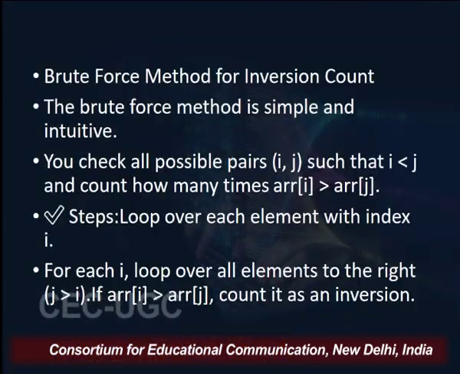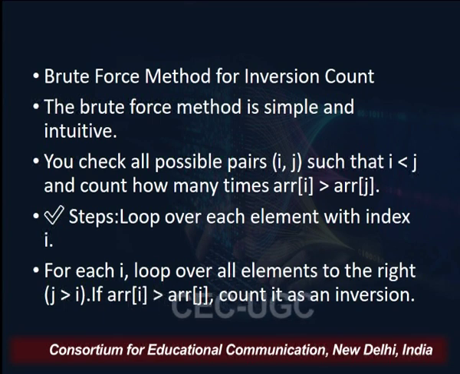All the possibilities, all the pairs (i, j) are to be checked such that i is less than j, and we need to count how many times ARR of i is greater than ARR of j. For this we need to loop over each element with index i, and for each i we loop over all the elements to the right, so j is greater than i.